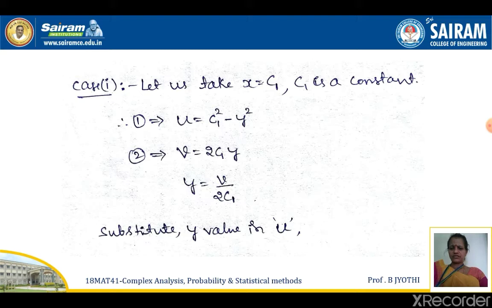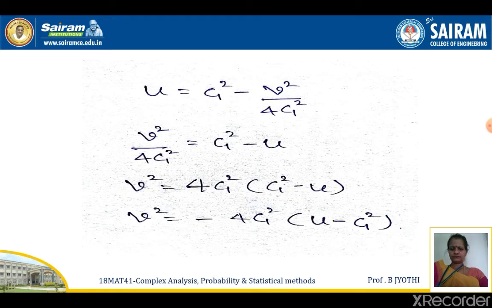Substitute the y value in u, which gives u equals C1 squared minus v squared by 4C1 squared. Rearranging, we get v squared by 4C1 squared is C1 squared minus u.